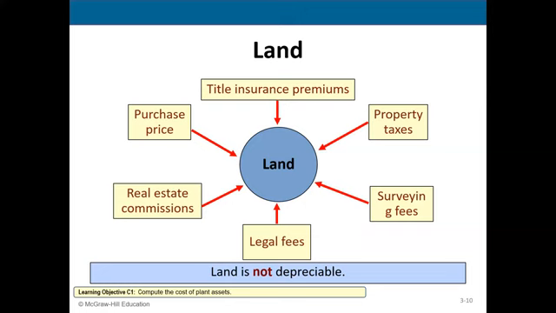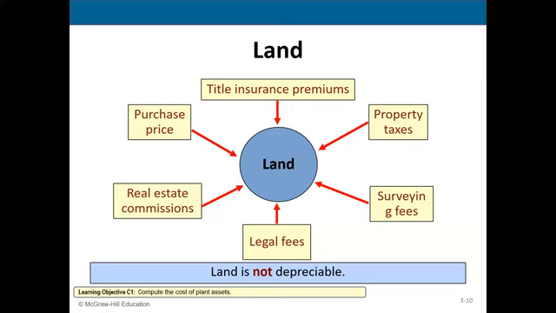Okay, let's talk about the acquisition of land. You're looking to buy a piece of land. There's nothing on it, no building, nothing. How much does the land cost? Remember, it's not just the purchase price. It's the purchase price plus insurance premiums for the title, property taxes, surveying fees, legal fees, real estate commissions.